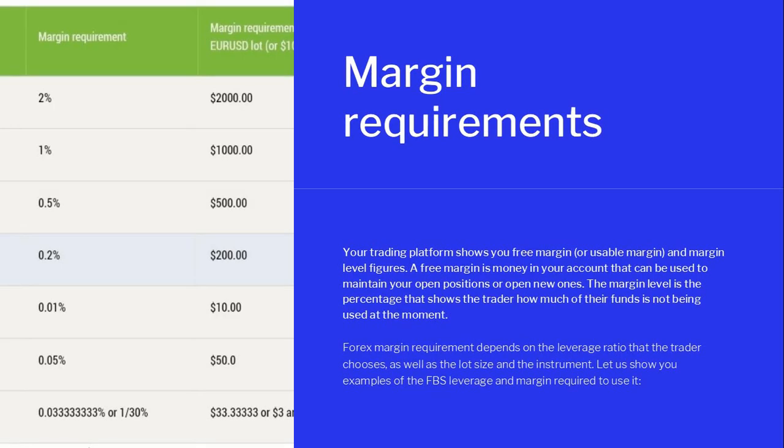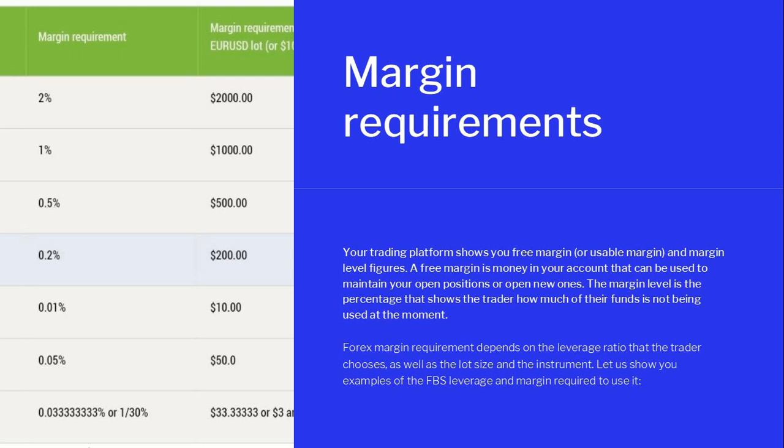So, margin requirements: your trading platform should show you free margin, which is the usable margin. We can also talk about margin level figures. Now, what is free margin?